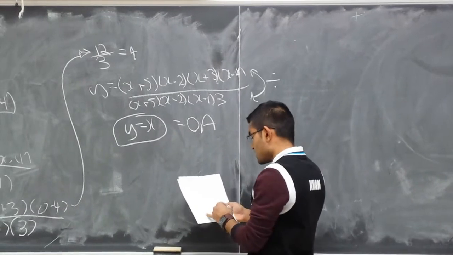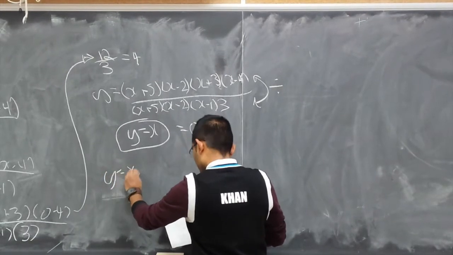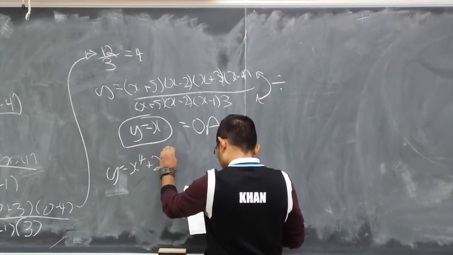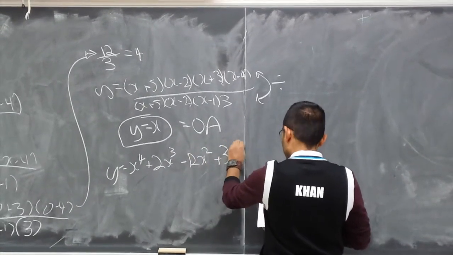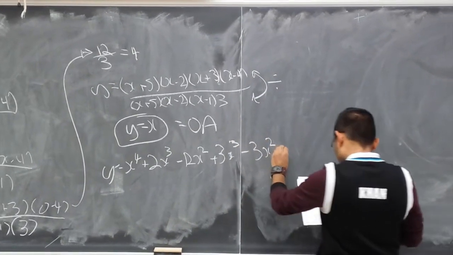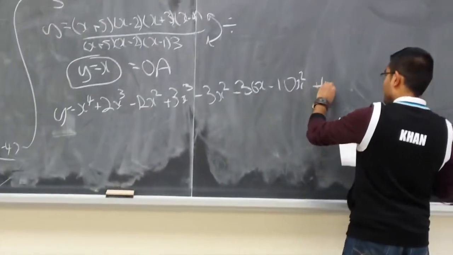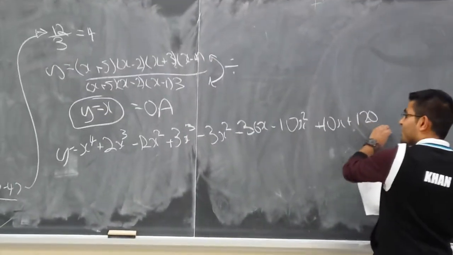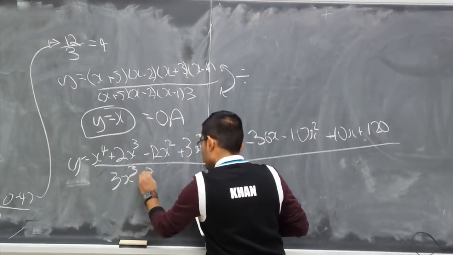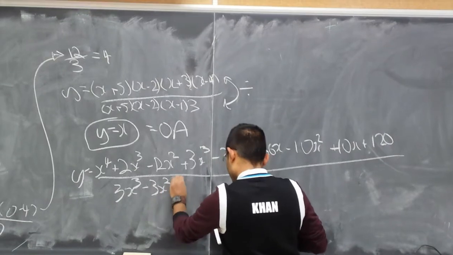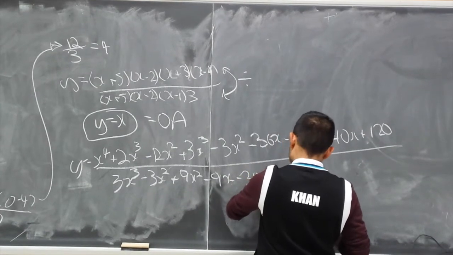Finally, we have to expand this entire equation. So once we expand it out, we get y is equal to x to the 4 plus 2x cubed, subtract 12x squared, plus 3x cubed, minus 3x squared, minus 36x, minus 10x squared plus 10x plus 120, all over 3x cubed minus 3x squared plus 9x squared minus 9x minus 30x plus 30.